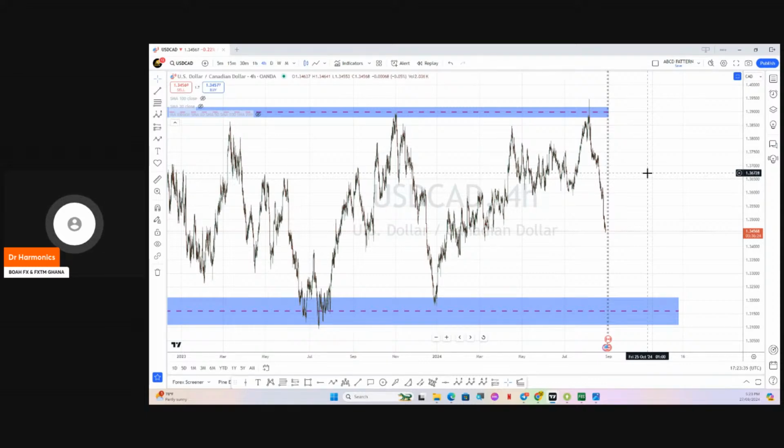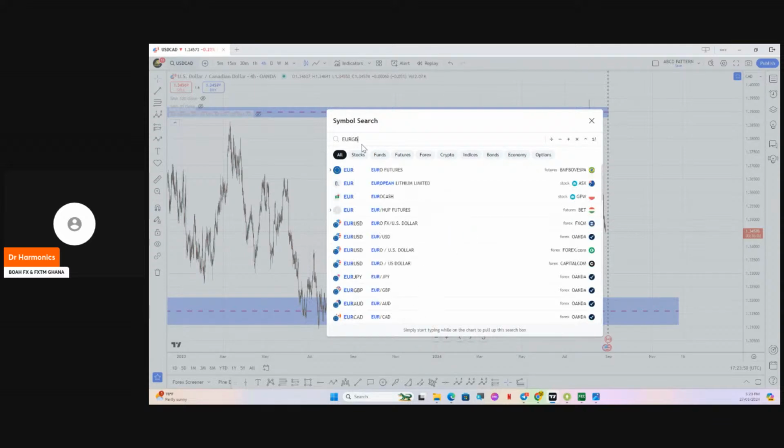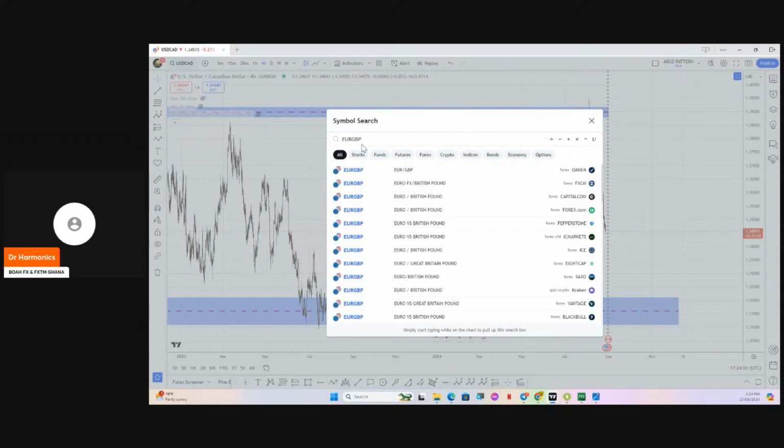Someone is saying analyze gold. Wise, hello, sir. Good evening. Yes, good evening. Let's look at gold. Okay, let's look at euro pound first. Euro GBP. Charting from Germany. Okay, so let's look at euro pound.